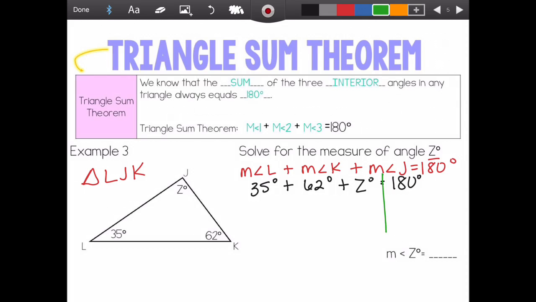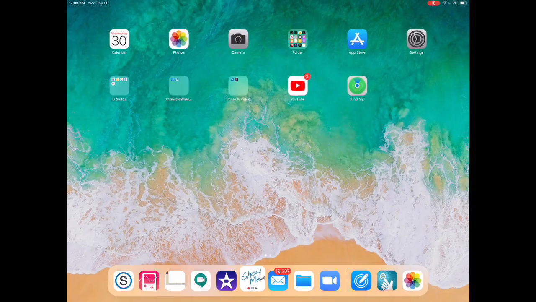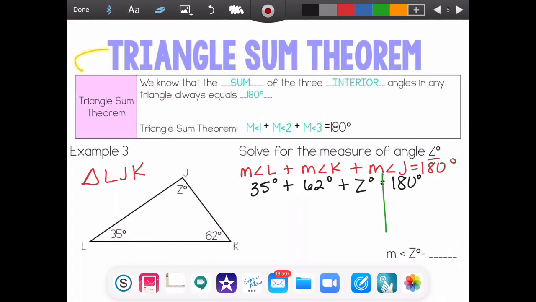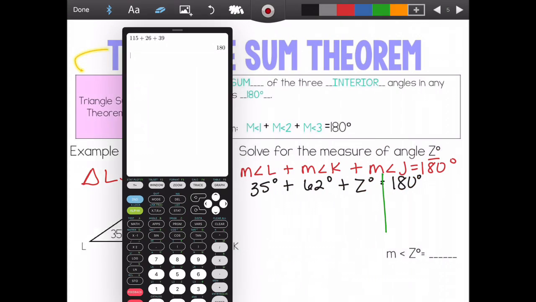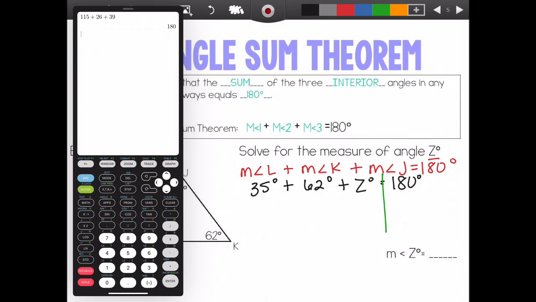Now I'm going to solve. I'm going to combine any constants, 35 plus 62. You can do this off the top of your head, but we want to eliminate any errors, so I'm going to use the calculator, 35 plus 62. I get 97. So combining these, we get 97 degrees plus z equals 180 degrees.